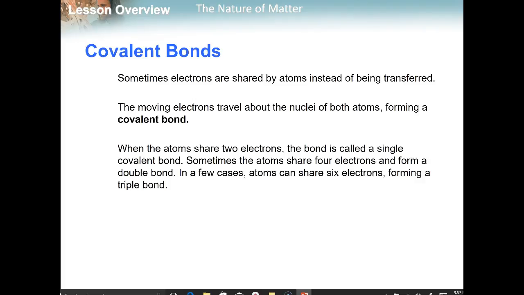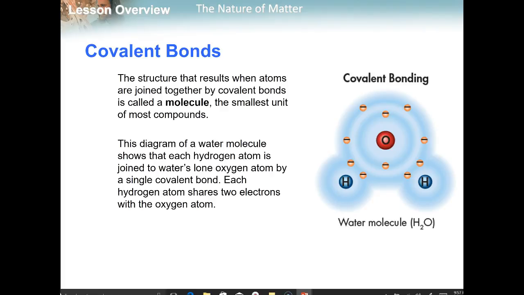Now covalent bonds are a little bit different because they share electrons instead of transferring them. The electrons will travel about the nuclei of both atoms to form a covalent bond. So let's take a look at a water molecule, which I believe is the next picture that we have.